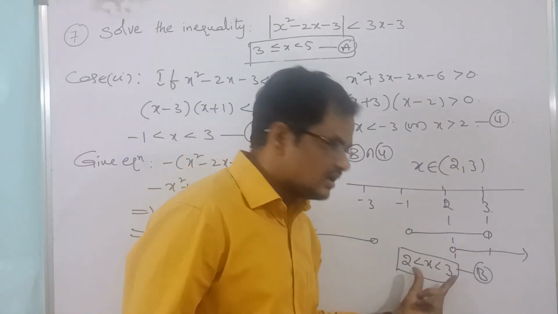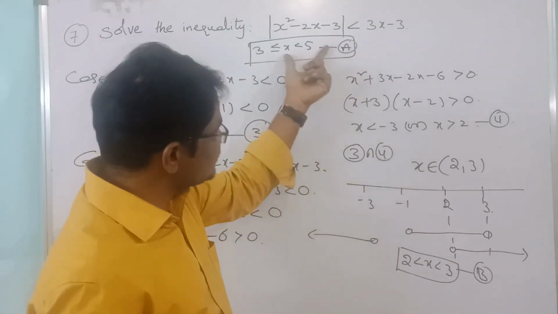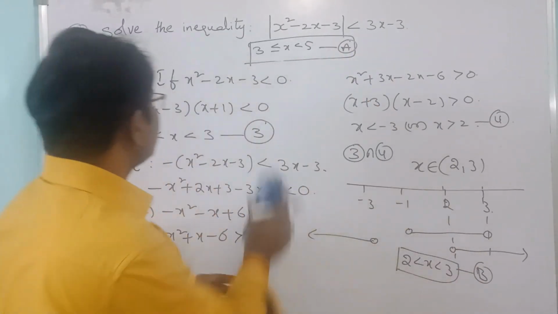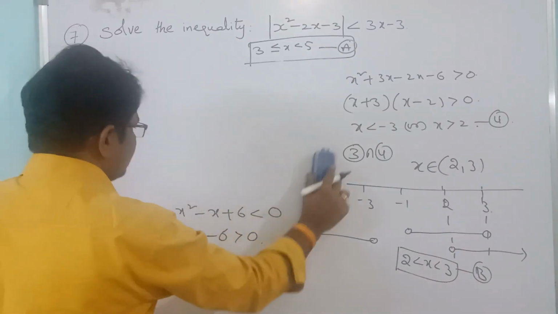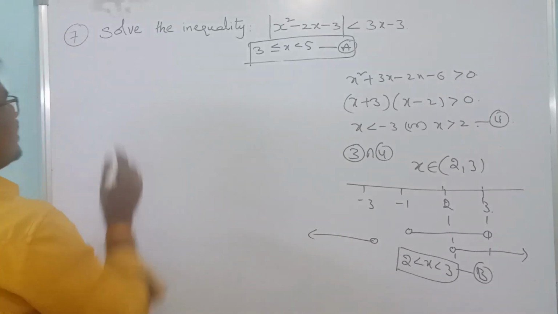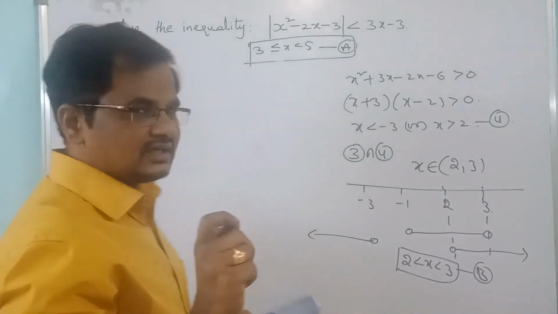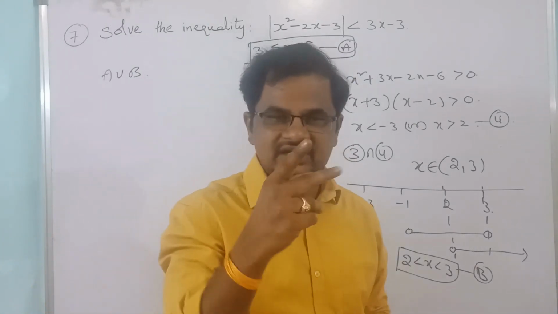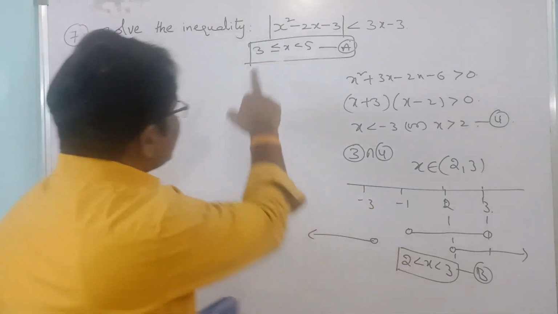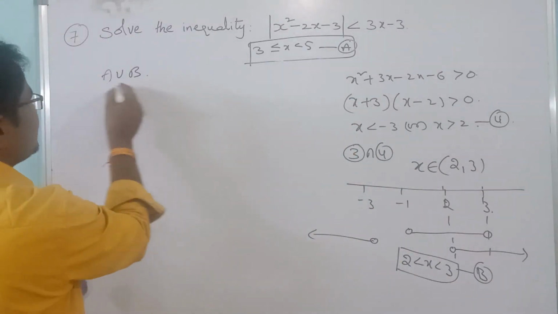For these two we have to take the union, so A union B. Once again, listen: in case 1, 1 and 2 intersection, in case 2, 3 and 4 intersection, but A and B union we have to take. Now this is the complete solution.